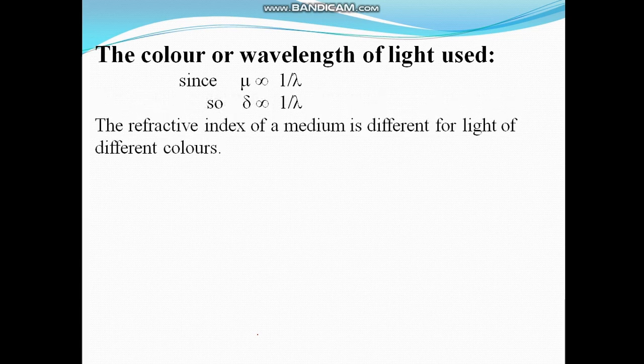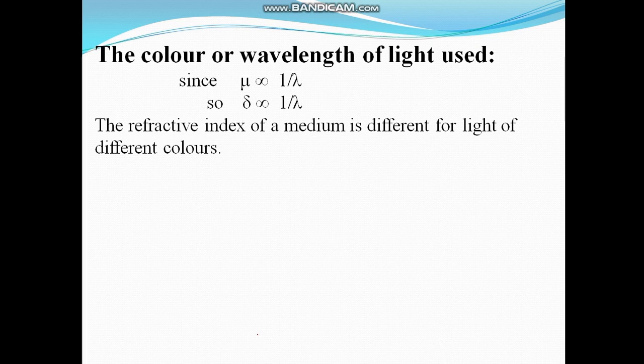Finally, it depends on the color or wavelength of light used. Now, we all know that refractive index is inversely proportional to wavelength. So, angle of deviation will also be inversely proportional to wavelength.